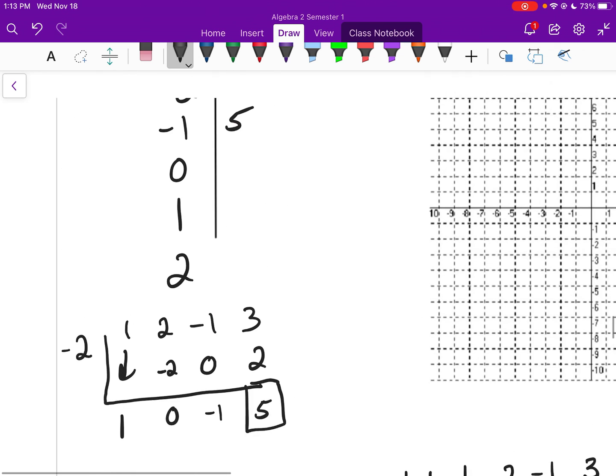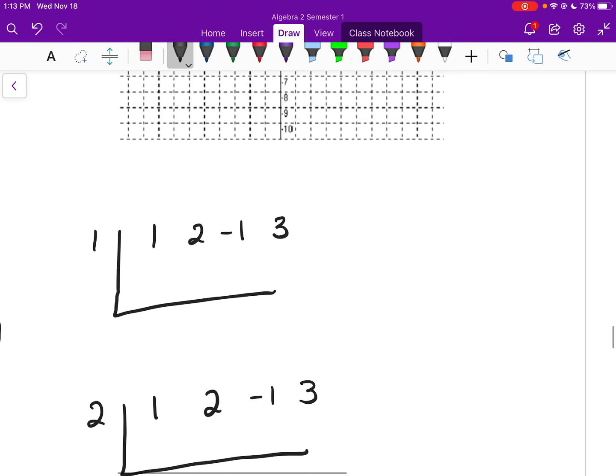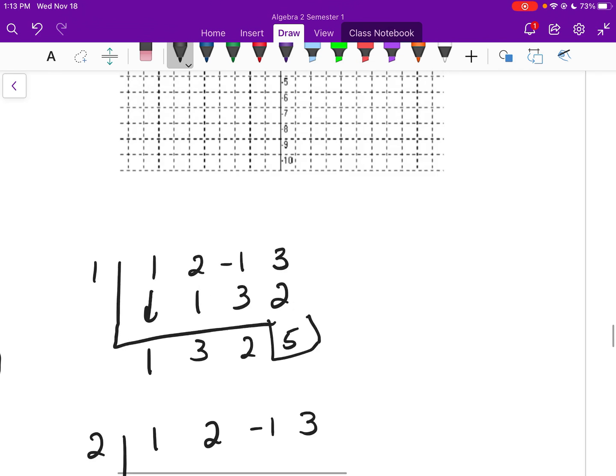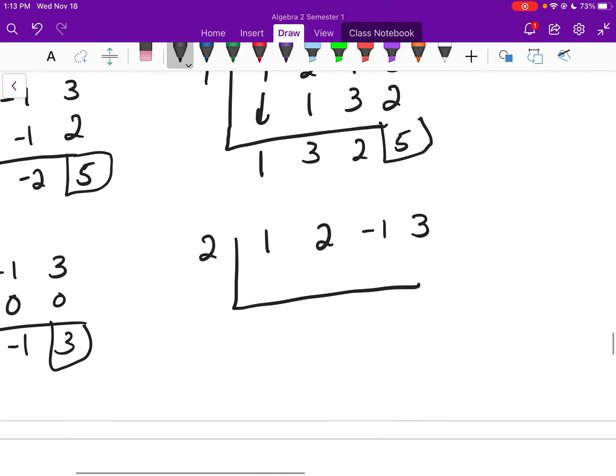So f of 0 is equal to 3. Doing 1, bring it down. 1 times 1. Add, multiply, add, multiply, add. And finally for 2, multiply, add, multiply, add, multiply, add.